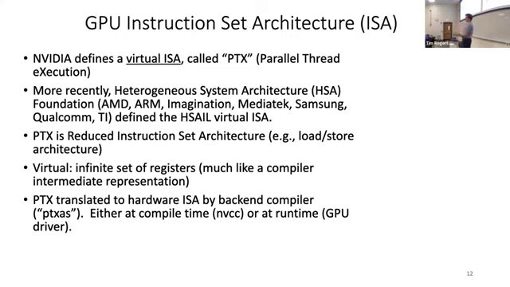This is what makes compiler engineering tractable. You don't have to say every time a new ISA comes out, I have to rework all of my optimizations and my entire compiler chain. I just have to know how to take LLVM IR and generate the specific ISA for this particular machine. So many languages come down to LLVM IR, and then they can do transformations and optimizations on LLVM IR, and then spray that out to many different potential ISAs.